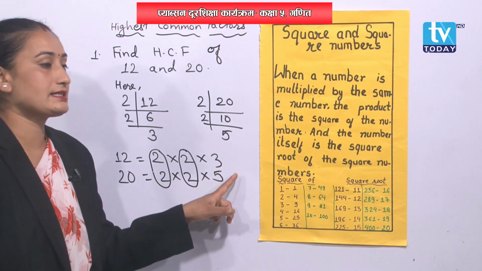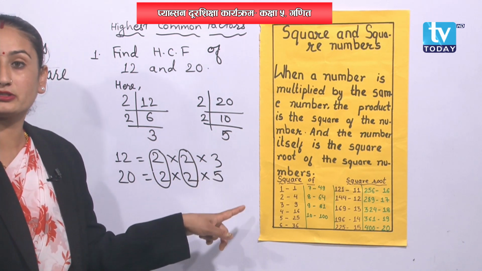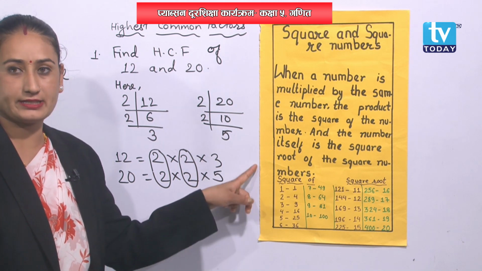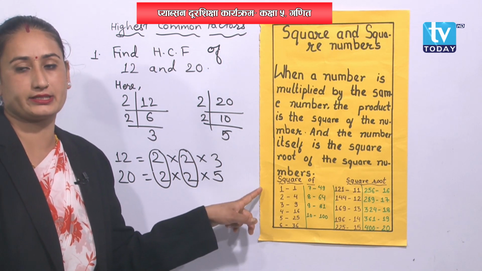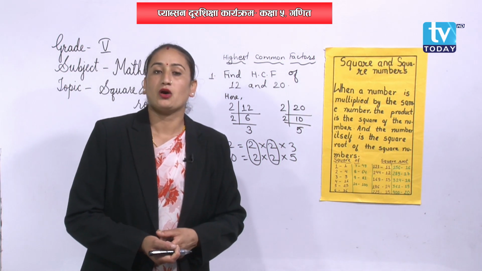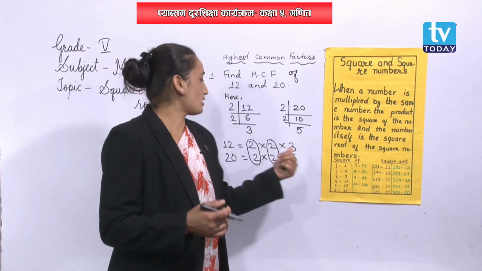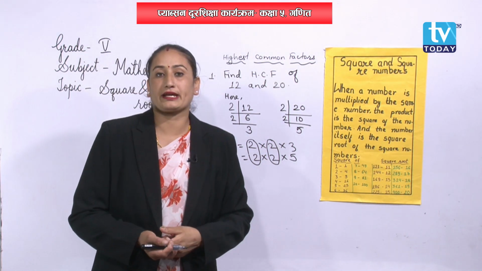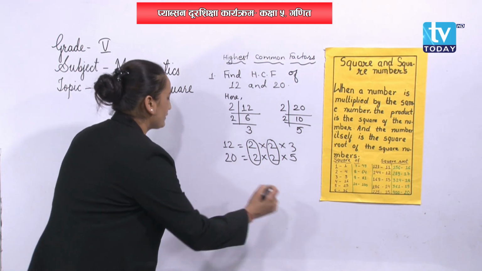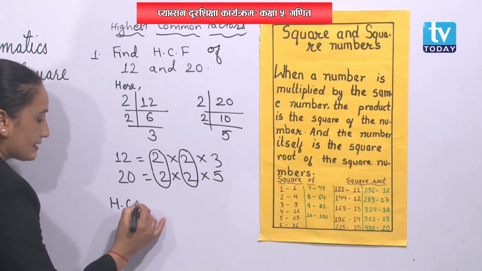Now, next is 3. Does it have another common pair 3 at the bottom? No. And 5, is there any other common pair? There isn't, right? So, we are not taking these two numbers. Only the common pairs we can take. Okay, now HCF.